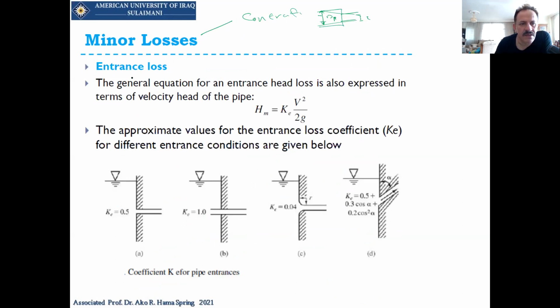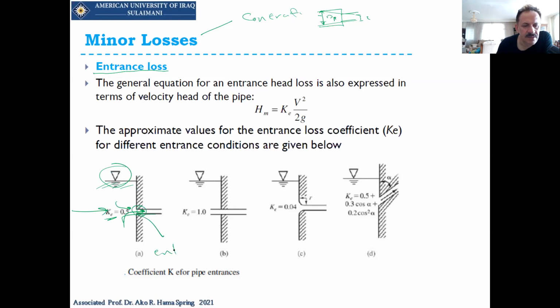Now, the second thing that we have is the entrance. Entrance means that if you have this reservoir or this tank, and we are connecting a pipe through it, there is an entrance. The pipe will start entering the network. The flow is going to enter the network through this entrance.